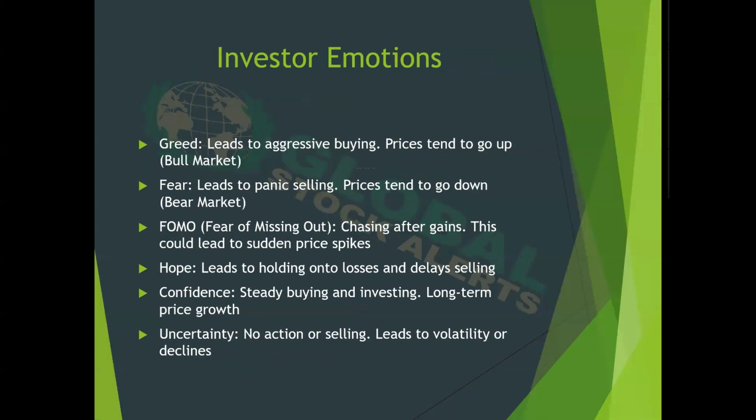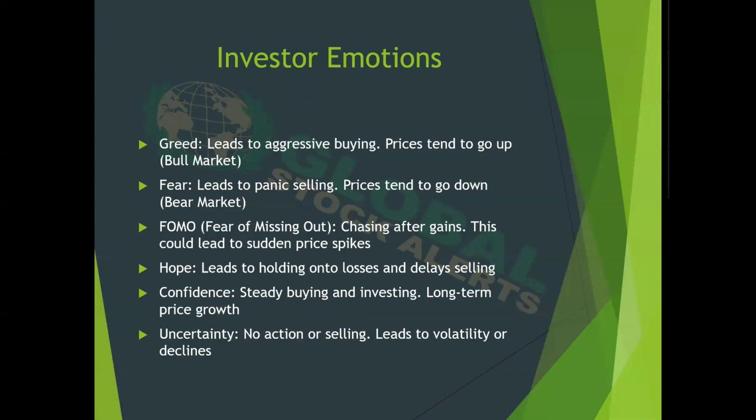So, investor emotions. We have greed, which leads to aggressive buying, which means prices tend to go up, and we're looking at a bull market in that instance, because bulls are optimistic and expect prices to go up.